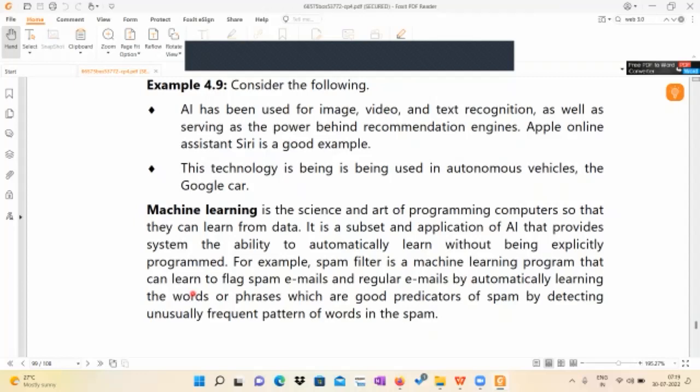Once you give the data to the computer, it will classify those kinds of mails and put them into the spam filter. As you know, there are a lot of marketing advertisements nowadays, and every marketing advertisement has some common feature.